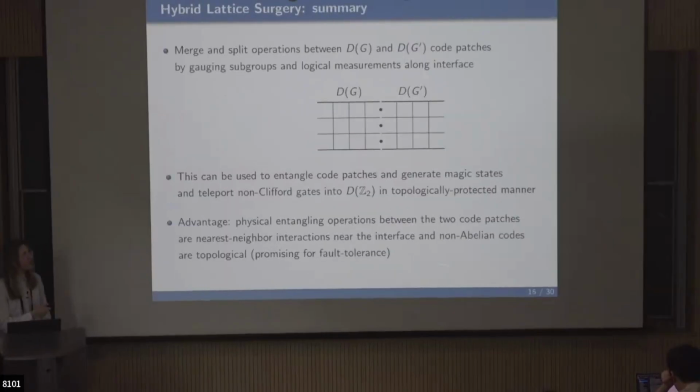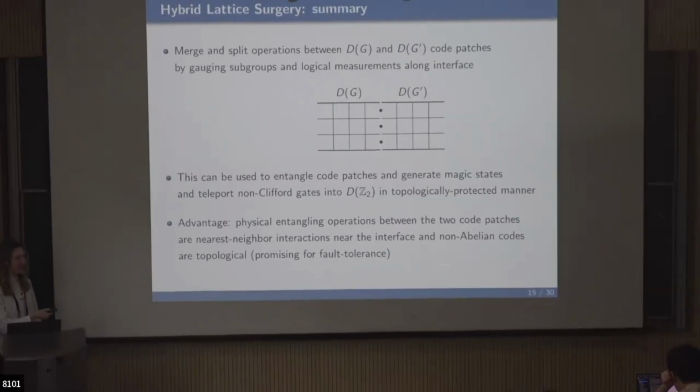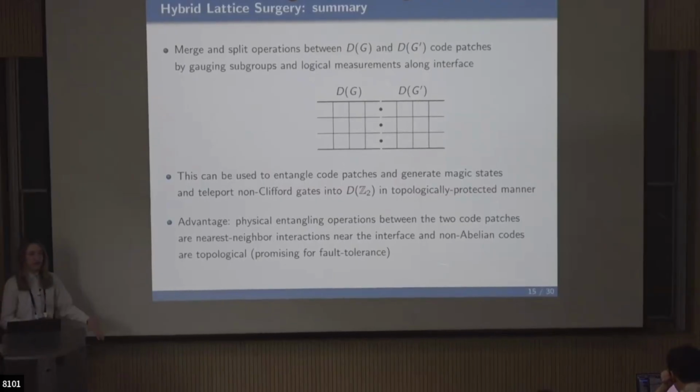Okay, so to summarize this part of the talk, we've seen that we can extend lattice surgery from the surface code to these non-abelian codes where we have two possibly non-abelian groups, G and G prime. We initialize the codes in their ground states, and then we add ancilla qubits in the identity states. These automatically satisfy the BP terms of the full code, but they don't satisfy the AV terms, so we need to measure them.